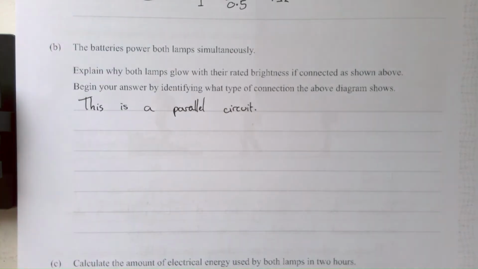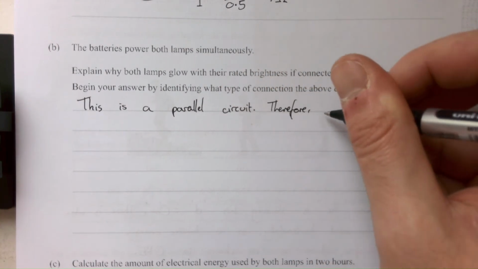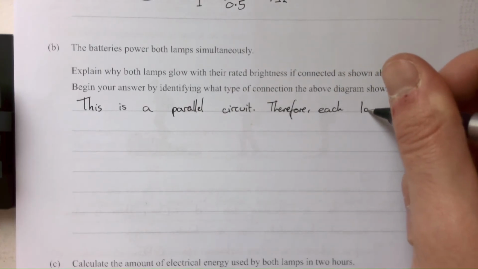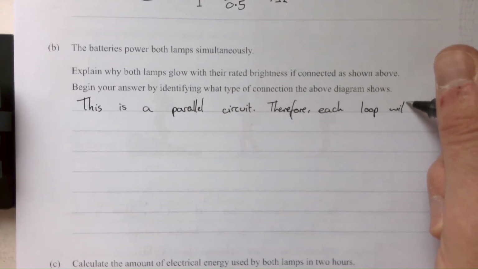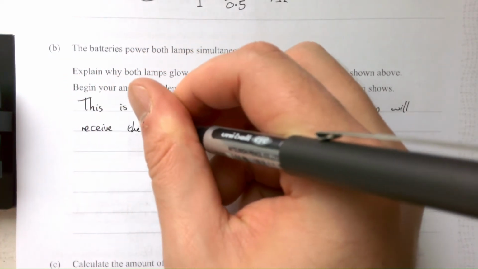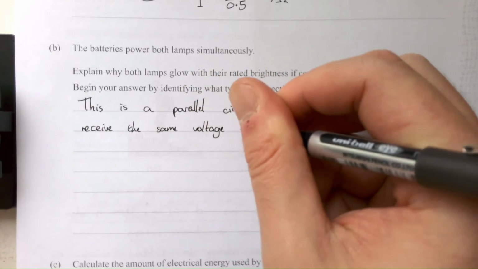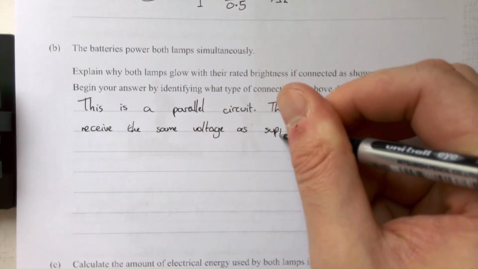Boom. Therefore, each loop will receive the same voltage as supplied by the batteries.